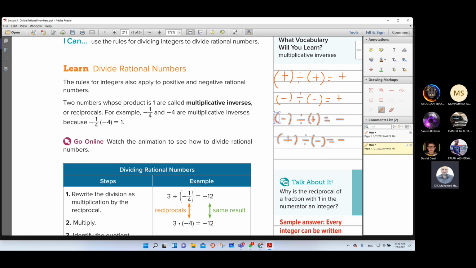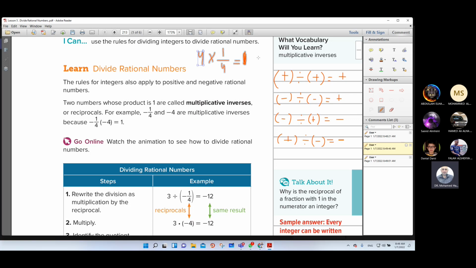Two numbers whose product is 1 are called multiplicative inverses. It means if you have 4 multiplied by 1 over 4, it equals 1.